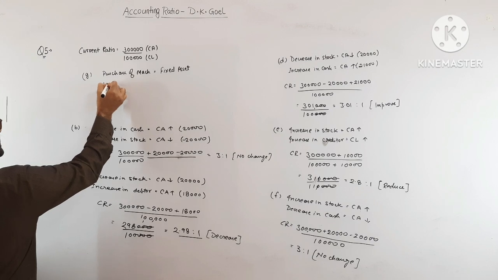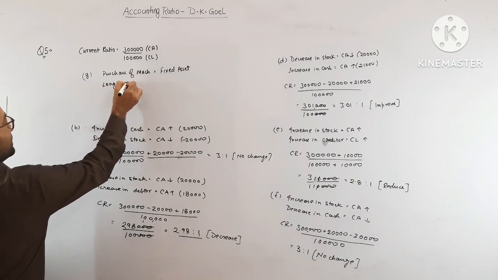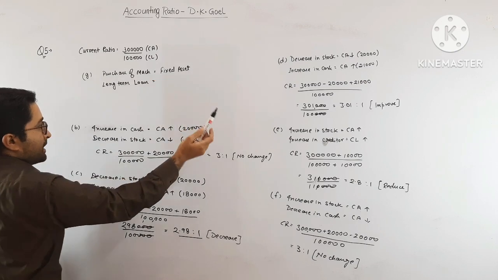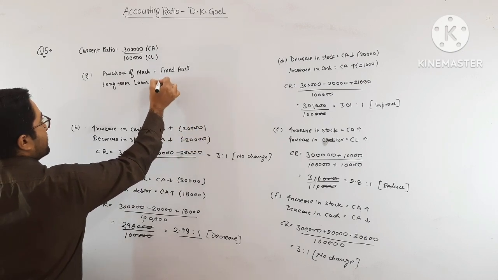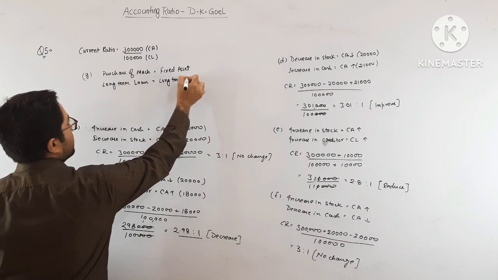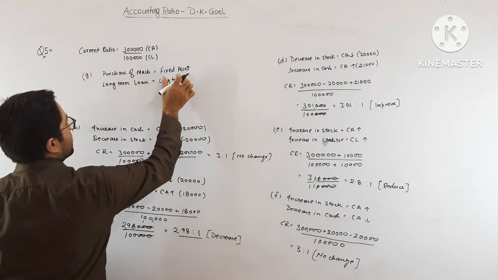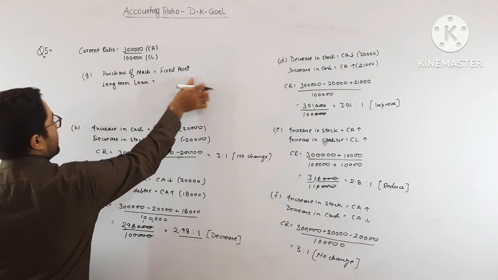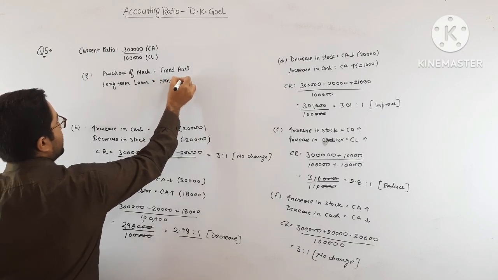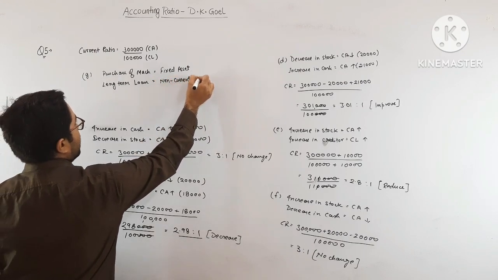Let's see the next point. Purchase of machinery. Machinery is not a current asset, it is a long term asset, a fixed asset. But the purchase is done against a long term loan, not by cash. Long term loan is not a current liability. It is a long term liability, or non current liability. Non current liability is the right word.